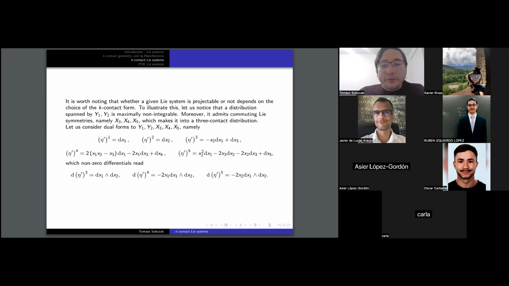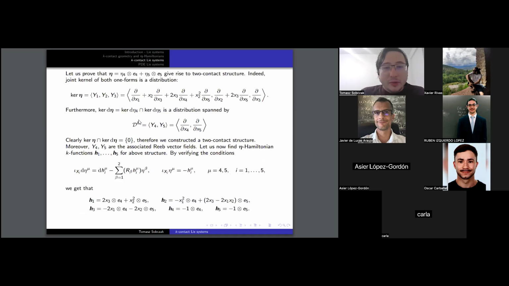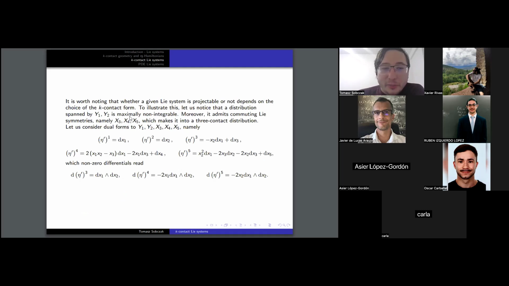In the simplest case, the commutation of the Lie symmetries Y1 and Y2 gives a maximally non-integrable distribution; Y1 commutator with Y2 would be something proportional to Y3, I believe. What is important is that we have a maximally non-integrable distribution. So the first part of our theorem is fulfilled.